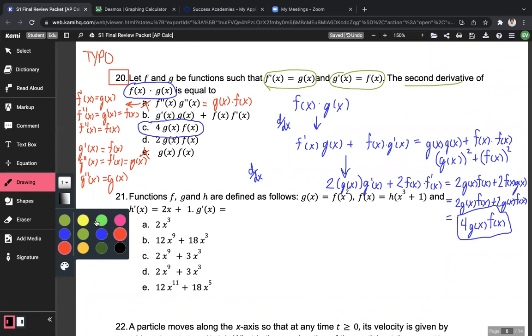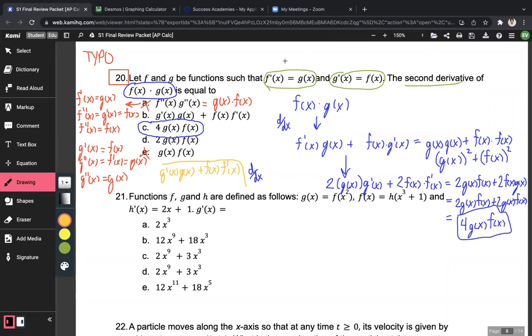And I could do the same thing. Maybe I'll do that in orange. For answer choice B, I'm told g prime of x times g of x plus f of x times f prime of x, but g prime of x is going to be f of x, right?